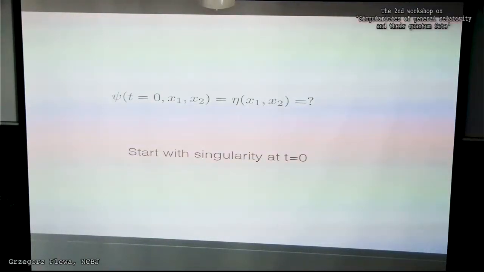As was discussed in the previous talk, a very convenient way of dealing with the problem is just to consider the situation in which we start at the singularity and then ask about the evolution in time. So we start at t equals 0 and then continue the evolution.